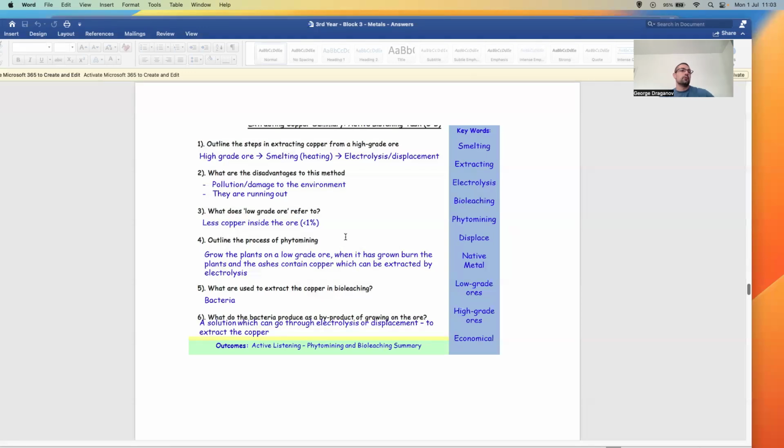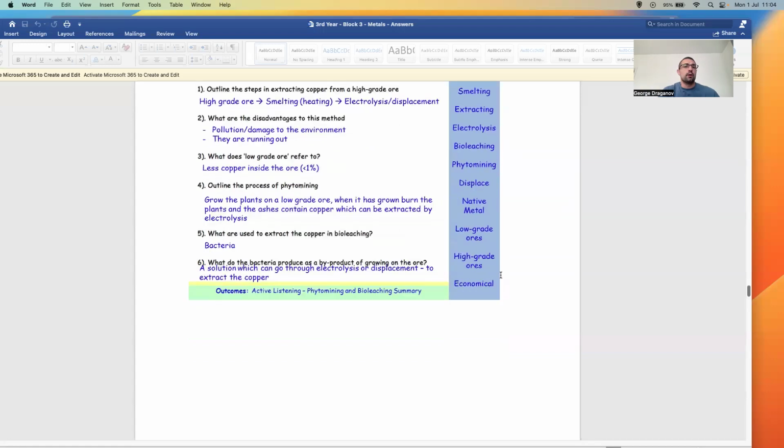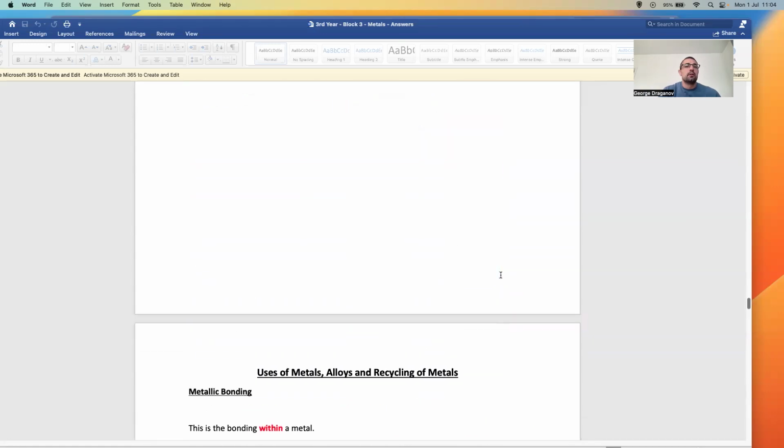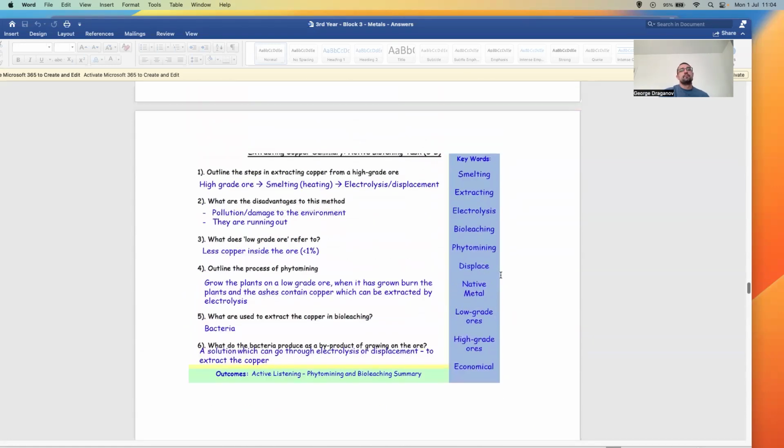Outline the process of phytomining: grow plants on low-grade ore, burn them to ash, and then add sulfuric acid to leach the copper ions and extract using electrolysis. You will see some examples of this in some exam questions that have nice summary answers for it.